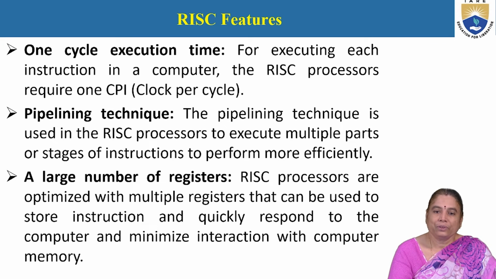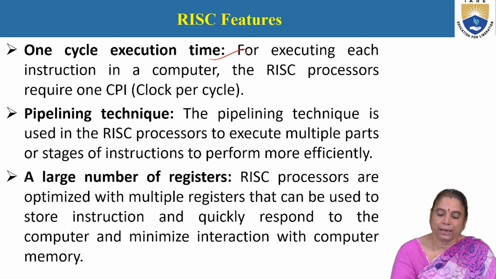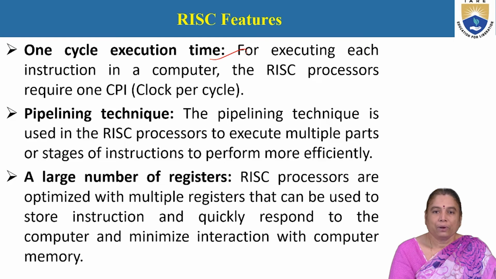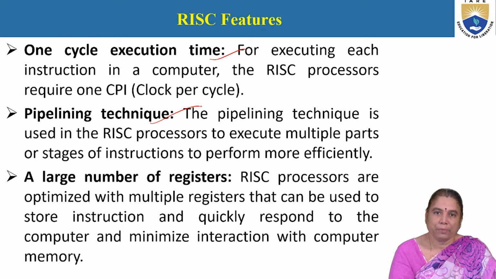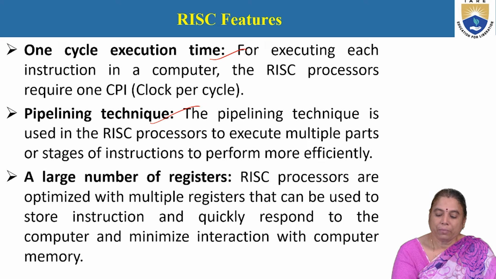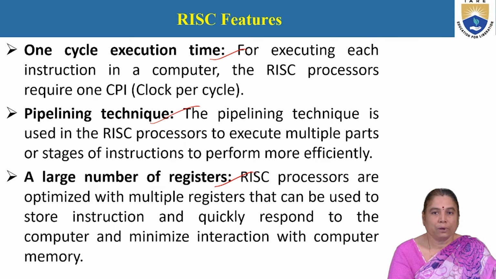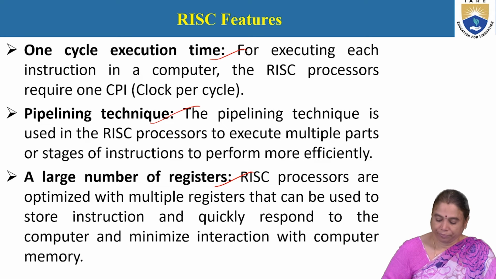The major features of RISC are one-cycle execution time and overlapped execution, so pipelining techniques can be used. A large number of registers are available so that data and operands are readily available for the execution of instructions.